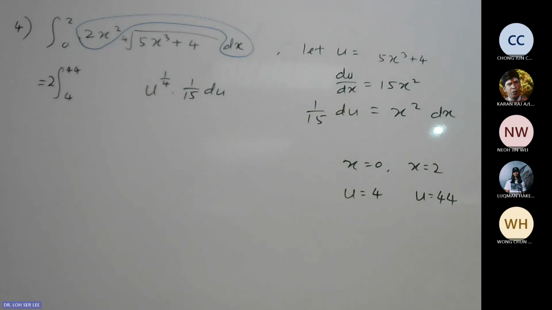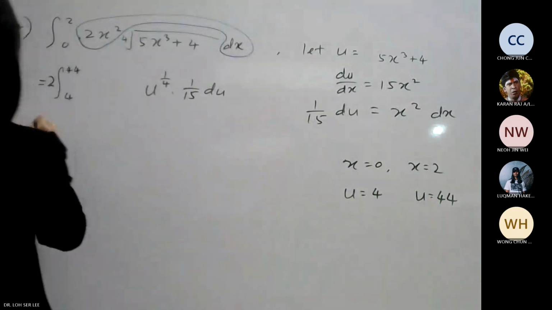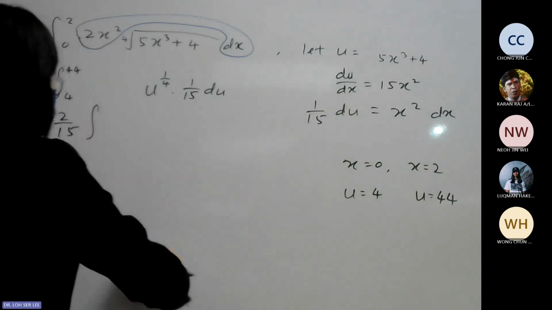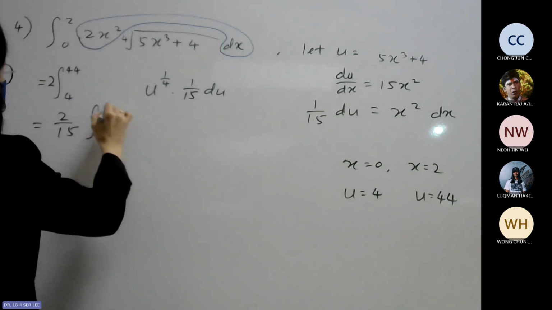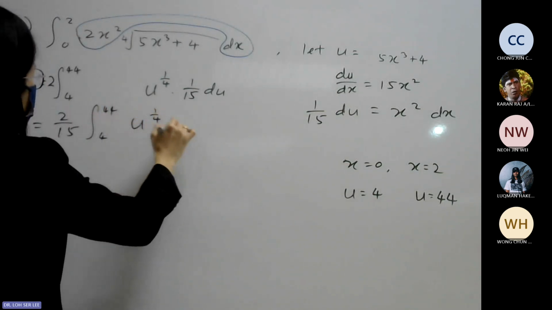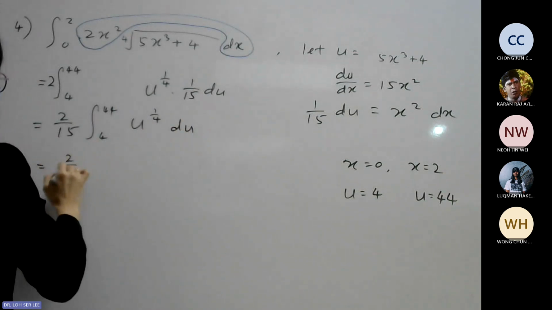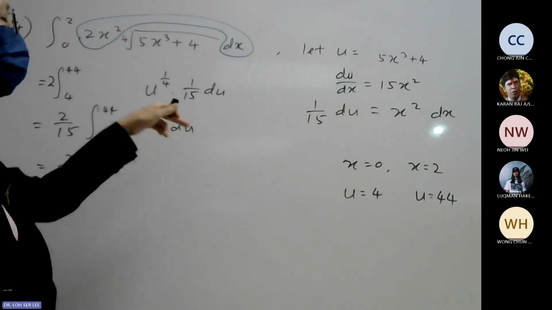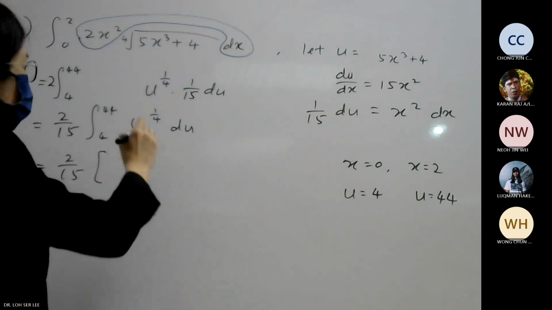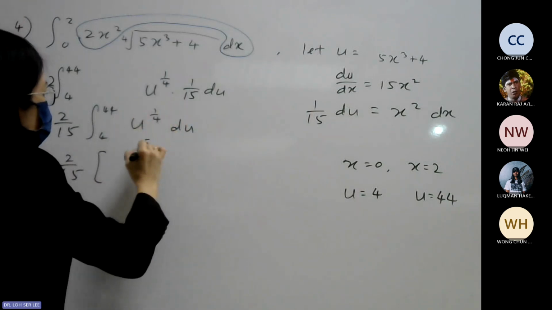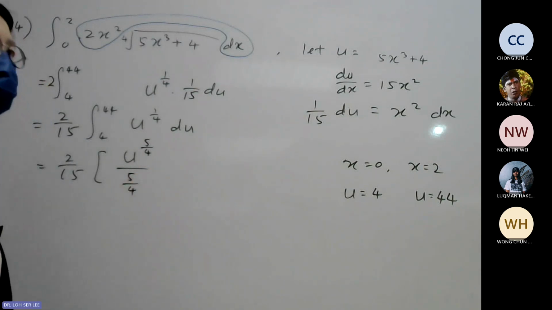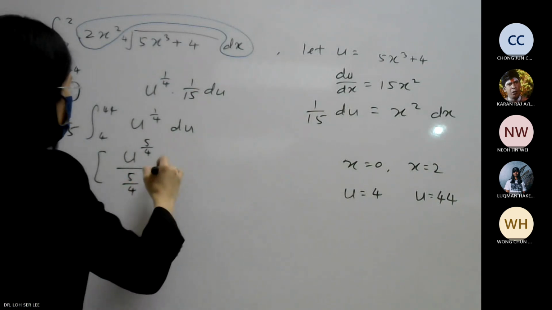We factorize the 1/15. Then we can start to integrate this, u to the power of 1 over 4. To integrate this, power plus 1 over the new power.